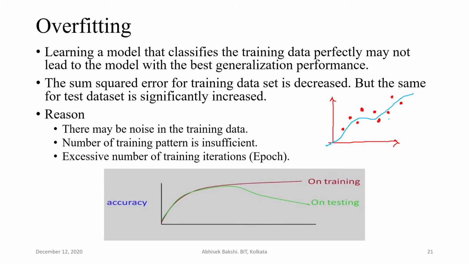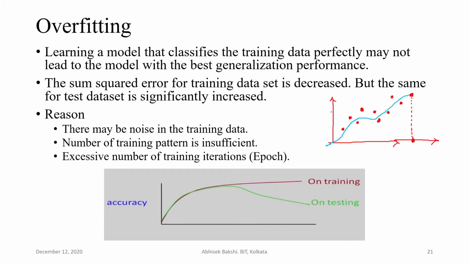So if the line is there, then for some unknown point x, if we extend the x-axis more, we can predict what the value of y will be with respect to the y-axis.